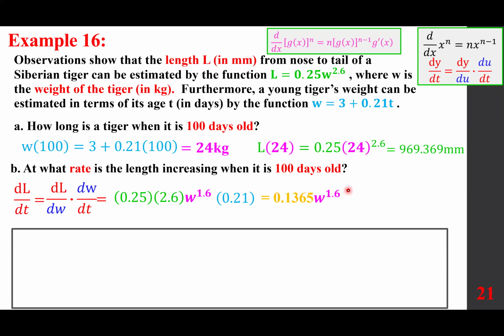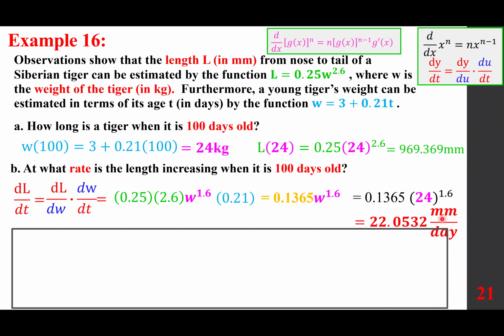We could replace the W with this, and it becomes a function of t, and replace the t with 100 to get to the answer. However, in the previous part, we did get the weight when the tiger is 100 days old, so we can replace it with 24, and we have the answer: 22.0532, the change in length over change in time, millimeters per day.